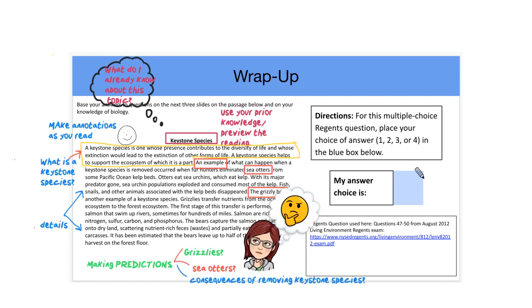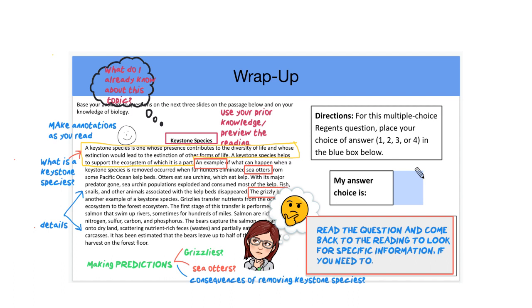All these ideas that I have in my mind are going to help me to answer the questions. Let's go to the questions. And by the way, do not be scared of first looking at the question and then going back to the reading and trying to look for specific details and information when you need to. And that will be my next tip for you.